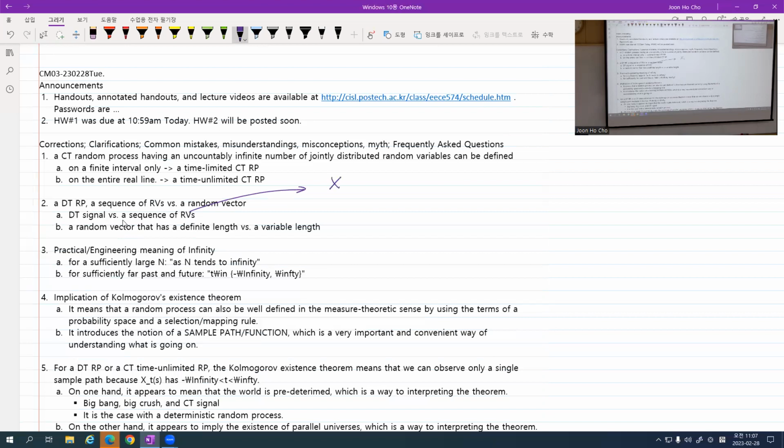So when you have, for example, in the measure theoretic sense, I have to use this type of notation for a random process, right?